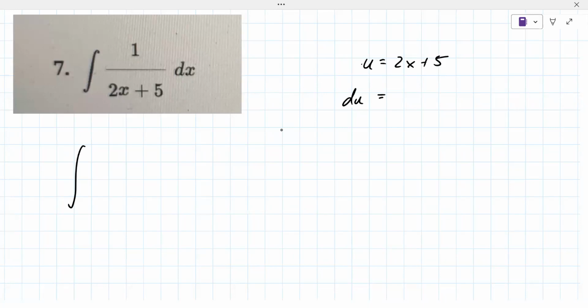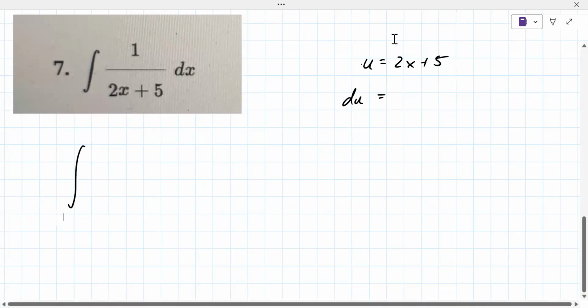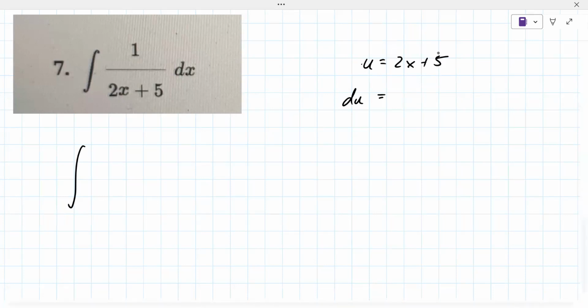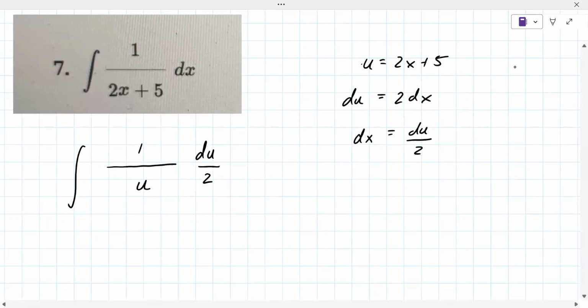So it would be the natural log of... No, let's just use u substitution. What's the derivative of u over here? What's the derivative of 2x? 2 dx. The derivative of 5 is 0. So now you solve for dx. dx is du divided by 2. So now it becomes 1 over, instead of 2x plus 5, it's u, and instead of dx, it's du over 2.